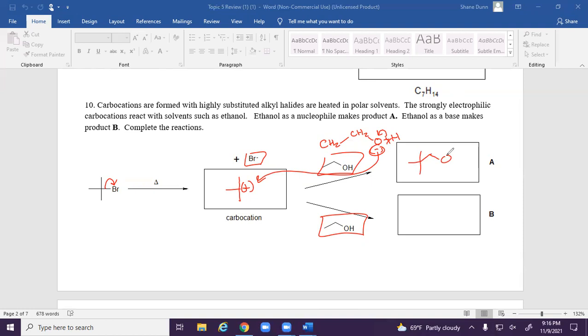Oops, my bad. It should be this instead. Make an ether. It makes that for A, because the negative charge on the oxygen is going to react with the positive charge on the carbocation, forming that structure. Does that make sense? Okay.